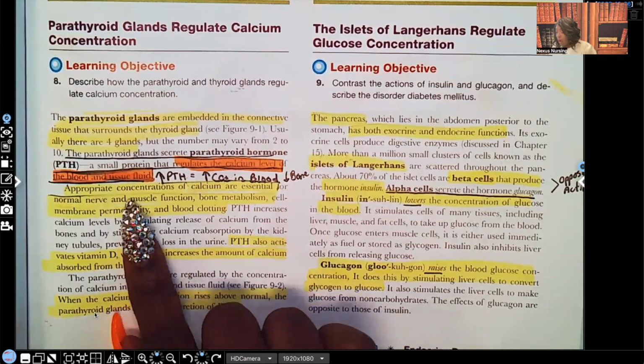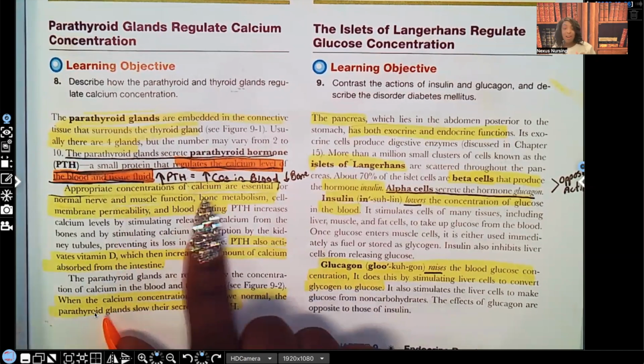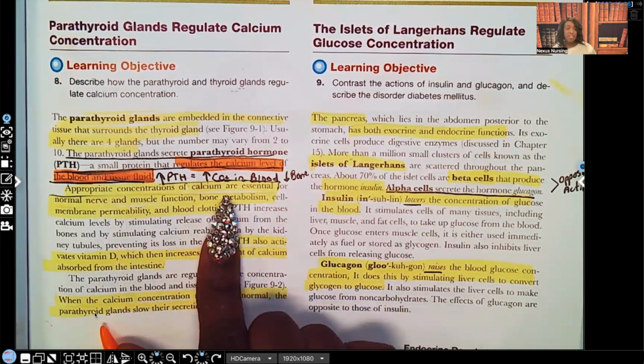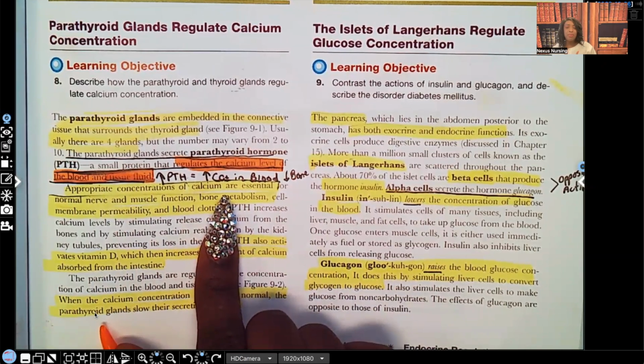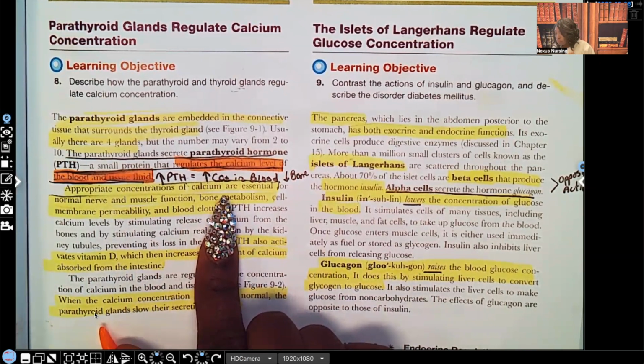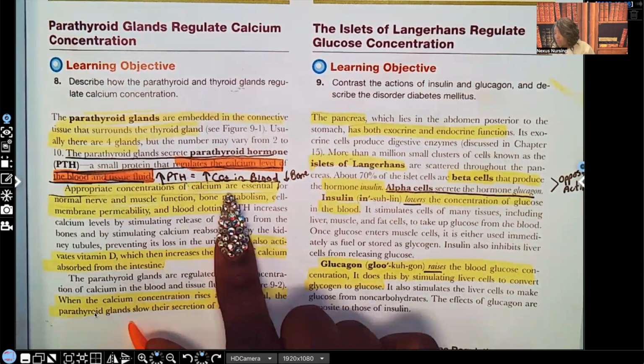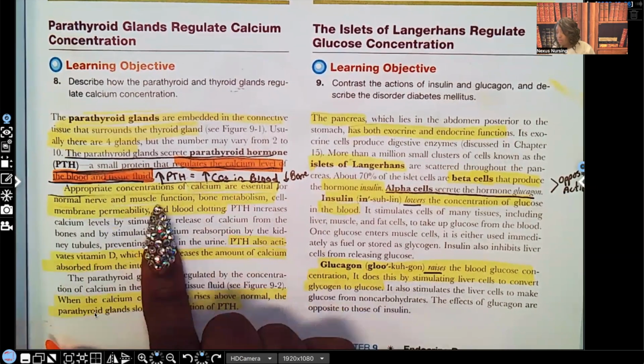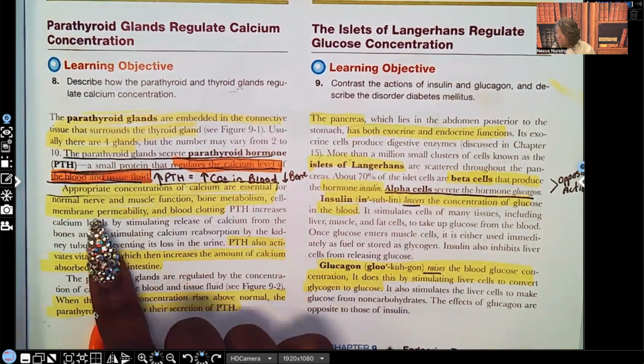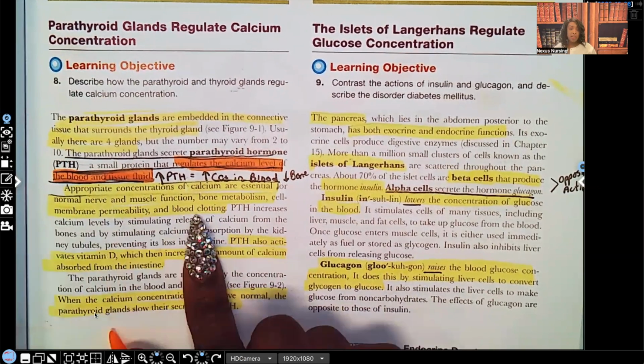Let's keep going. Appropriate concentrations of calcium are essential. When you see that word essential, pay attention. That means important. Always stop when you're studying and you see something that says this is important, this is a priority, or this is essential. Appropriate concentrations of calcium are essential for normal nerve and muscle function, bone metabolism, cell membrane permeability, and blood clotting.